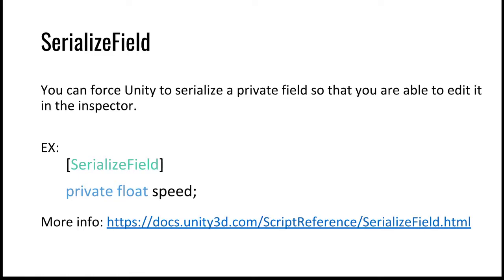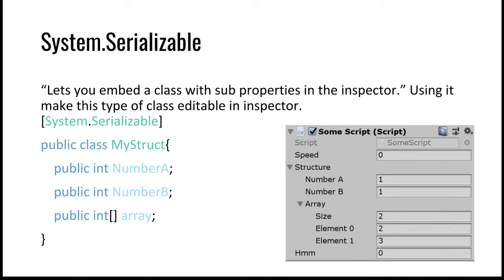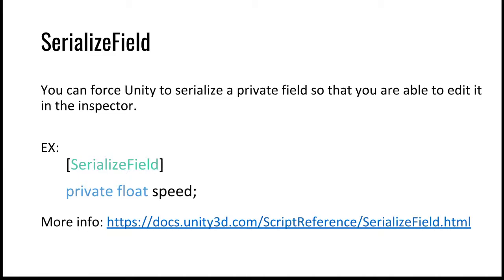What this is going to do is, we have a private variable, but if we put SerializeField in front of it, we can set it in the editor. And it's going to be serialized, and you can change it on the fly. It's still going to be private, so the only thing that can change it is that script, but it has the added benefit of being serialized.